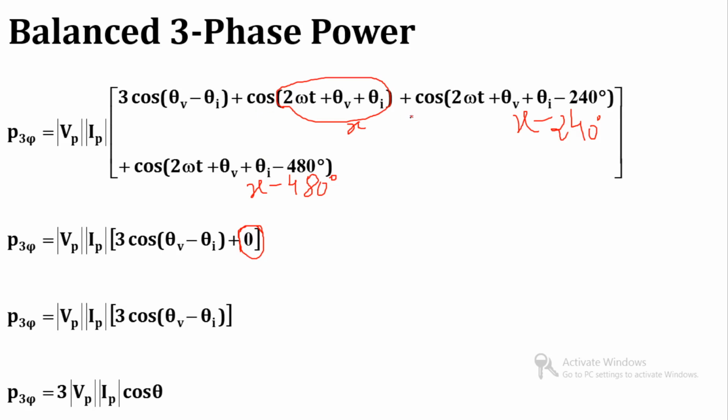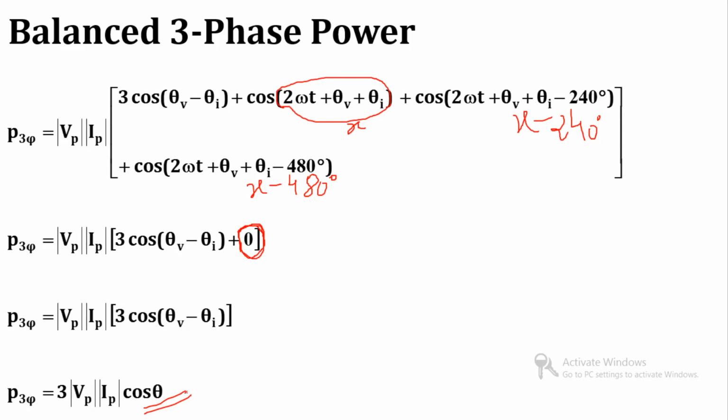So the simplification of P 3-phase is |Vp||Ip| times 3 cos(θv − θI), so P 3-phase is equal to 3|Vp||Ip| cos θ. This is the balanced 3-phase power.